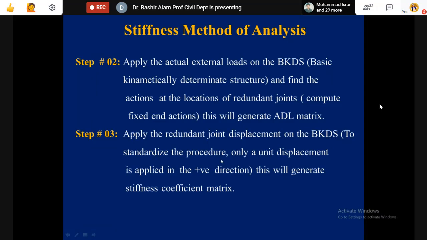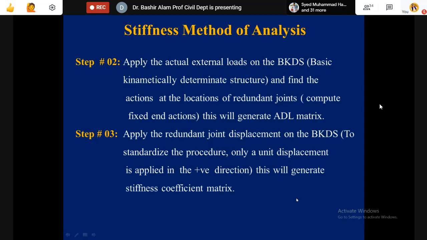To standardize the procedure, only a unit displacement is applied in the positive direction. Unit displacement is provided corresponding to the redundant joint displacement, and then the corresponding actions are calculated, and those actions will give you the stiffness coefficient matrix.